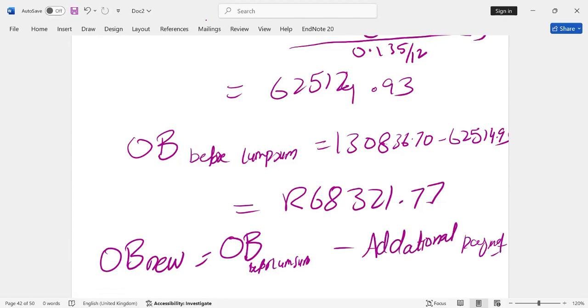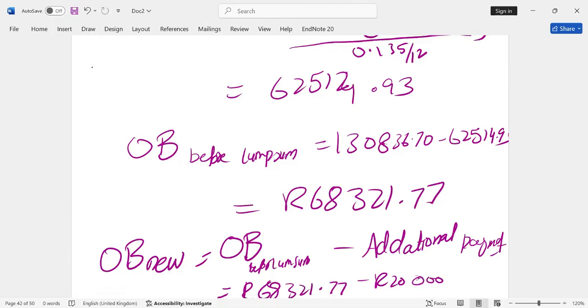So we can write it R 68,321.77 minus R 20,000.